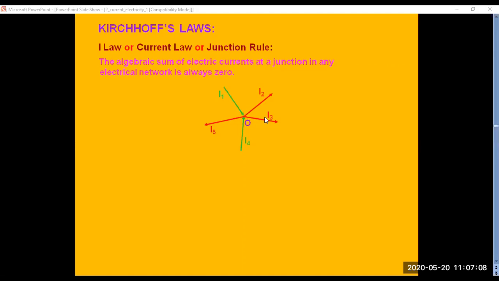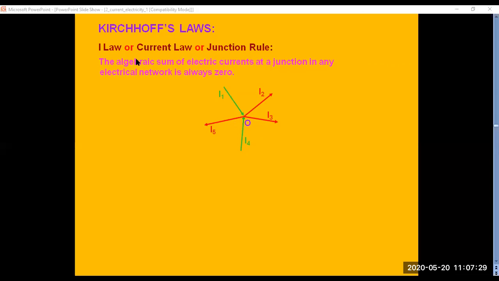Now when they are meeting, there are 2 conditions. Either current can enter, as you see in the color green, or current can leave, as you see in the color red. So whatever is entering will be taken as positive, and the current which is leaving will be taken as negative.